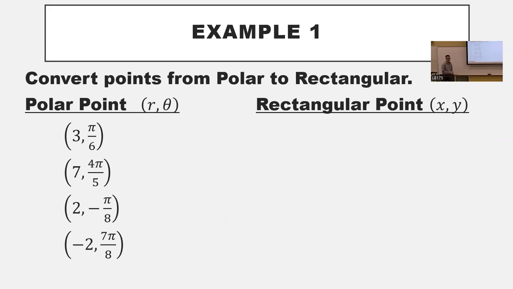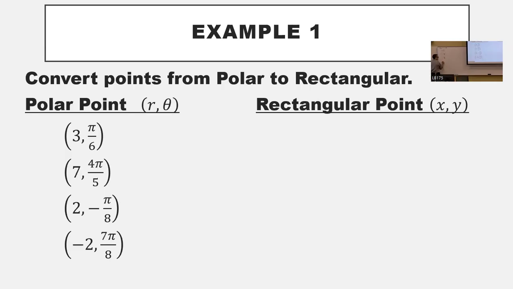Okay. So let's do a couple of conversions. Let's say I have the following polar points. Again, when we're writing polar, we always write the r first and then the theta next. So it'll always be radius, comma, angle. Here we have 3, comma, pi over 6. And 7, comma, 4 pi over 5. 2, comma, negative pi over 8.